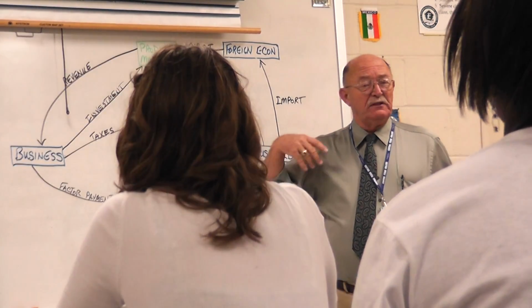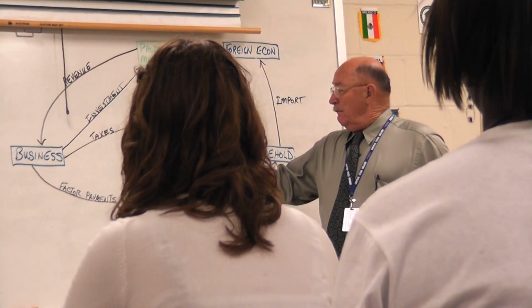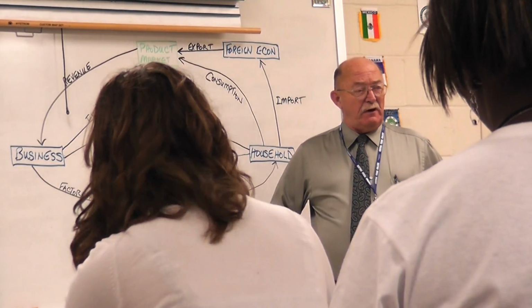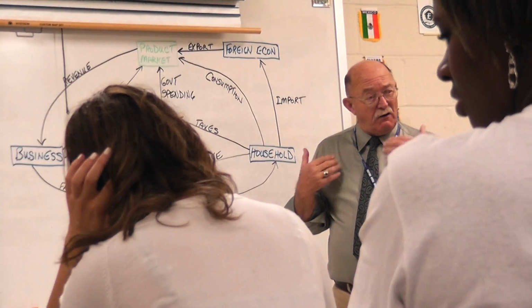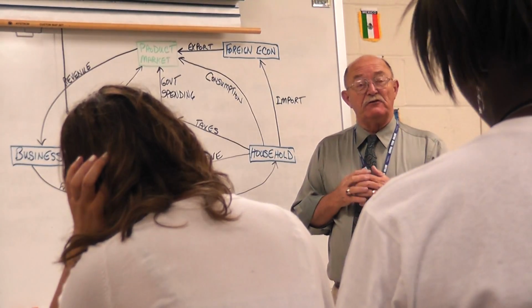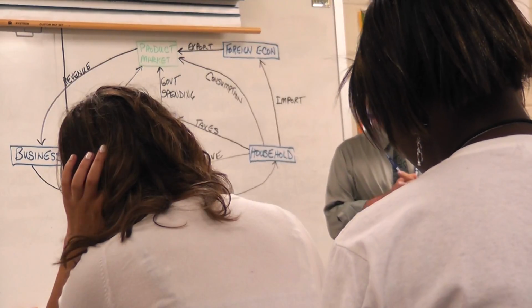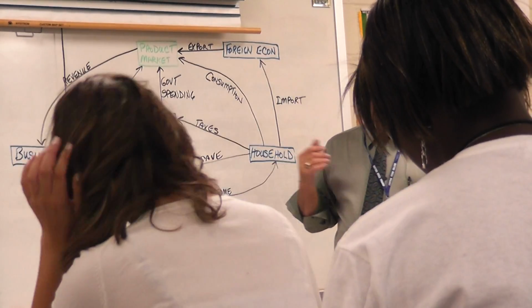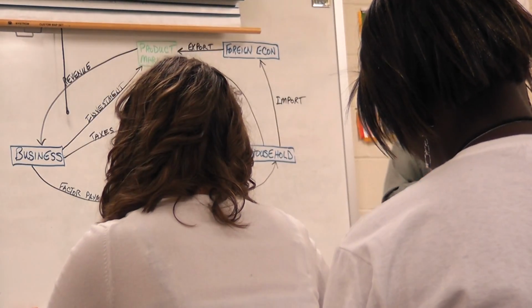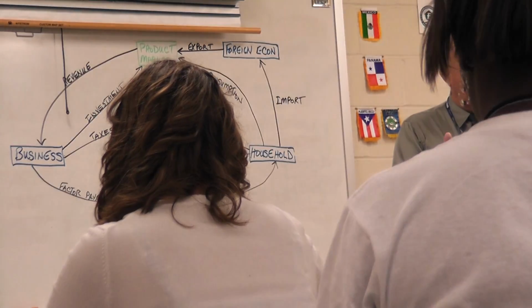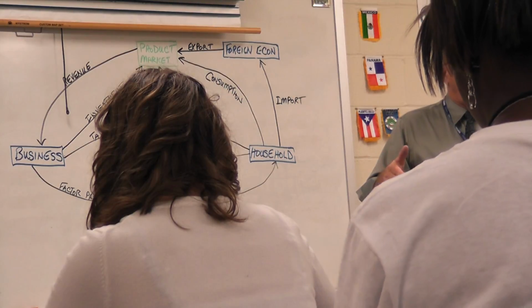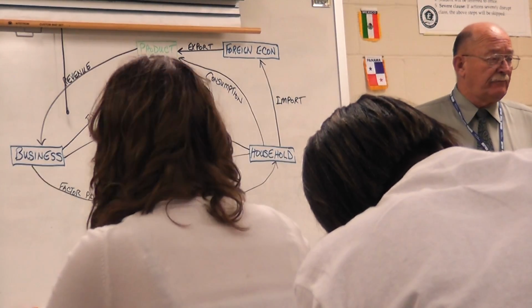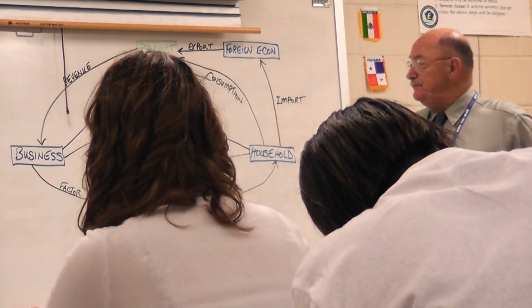But in the case of the government, they borrow it from their bank, not our bank, their bank, the Federal Reserve Bank. That's the government's bank, and that's where they borrow it from. And that creates a deficit for the year, and then when you add that deficit to the current national debt, it just increases the debt.